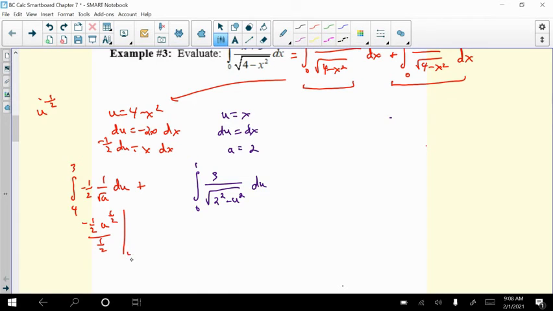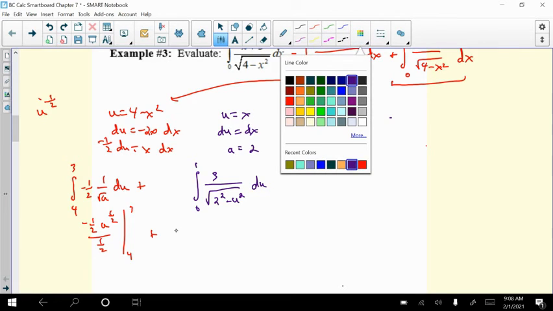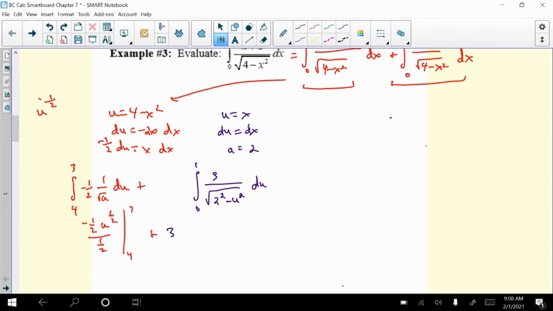That'll cancel, which from 4 to 3 plus, and then this one here is our arc sine. So don't forget the 3. Now it's not 3 over a. It's not 1 over a. That's only arctan and arc secant. So it's just 3, but then it's arc sine of u over a. So u over 2 when evaluated from 0 to 1.